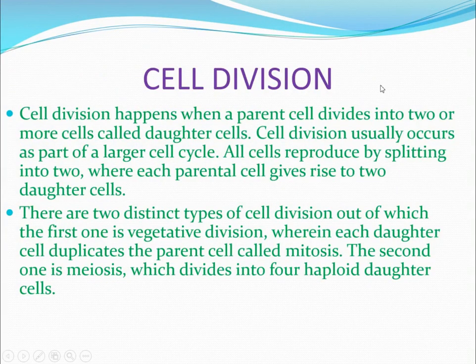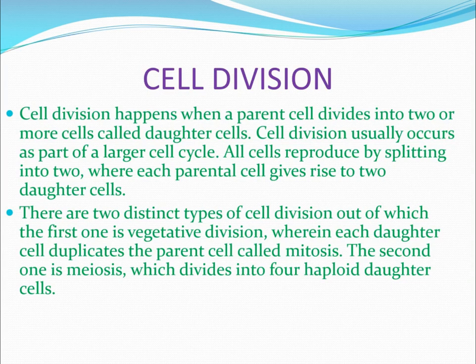So cell division. Cell division happens when a parent cell divides into two or more cells called daughter cells. It may happen that cell division occurs in more than two parts. Cell division usually occurs as part of the larger cell cycle, as cells reproduce by splitting, while each parental cell gives rise to two daughter cells.